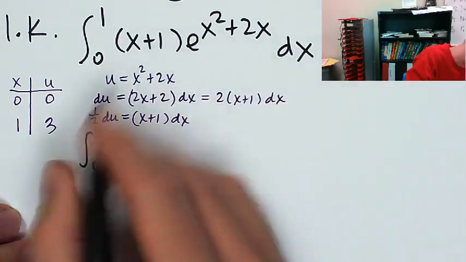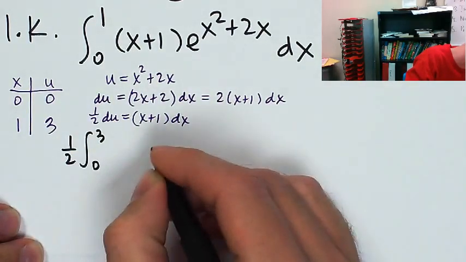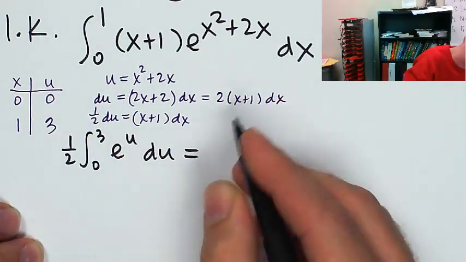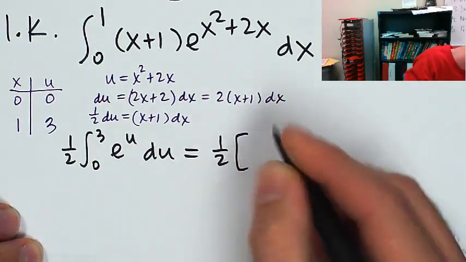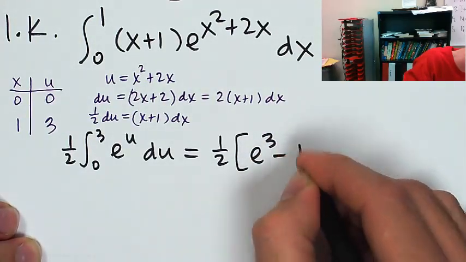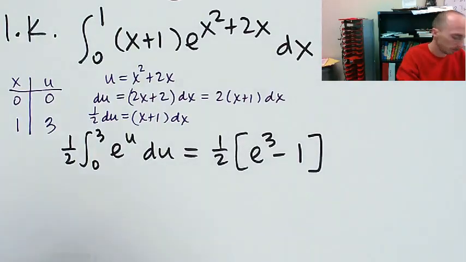This became half of du, and this is e to the u. So that's half of e to the u as u runs from 0 to 3, that's e to the 3 minus e to the 0. And that's going to be our solution.